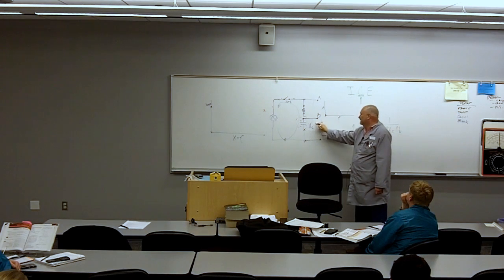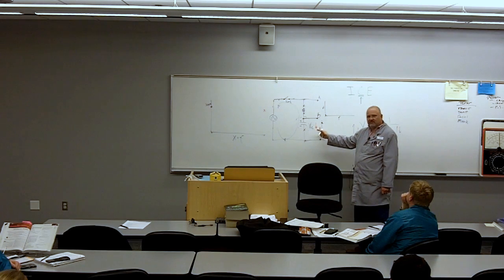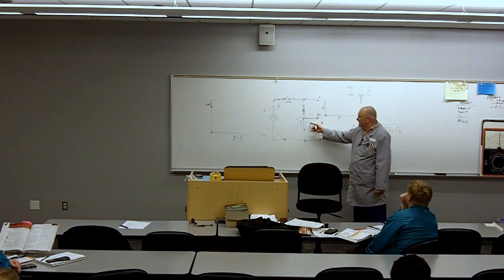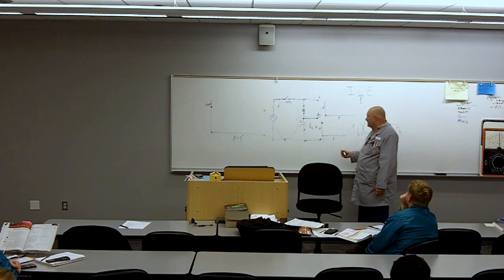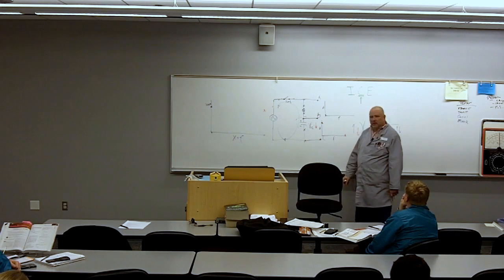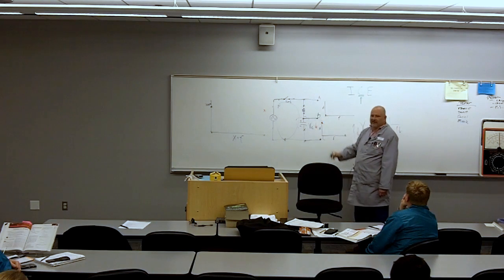Low X sub C. If this is a low value of X sub C, am I going to get a big voltage drop across this or a high voltage drop across it? Low voltage drop. So when I measure between point B and C, I'm going to see a very small voltage drop in this capacitor. So if I'm plotting that out, this is a high frequency, low amplitude, it's going to look like that right there. If I'm getting a small voltage drop across the capacitor, what am I getting across the resistor?